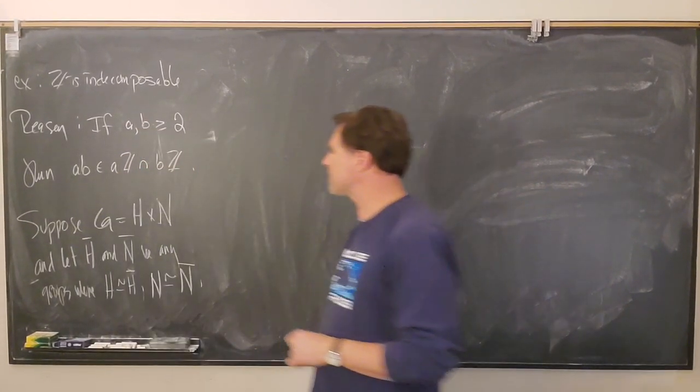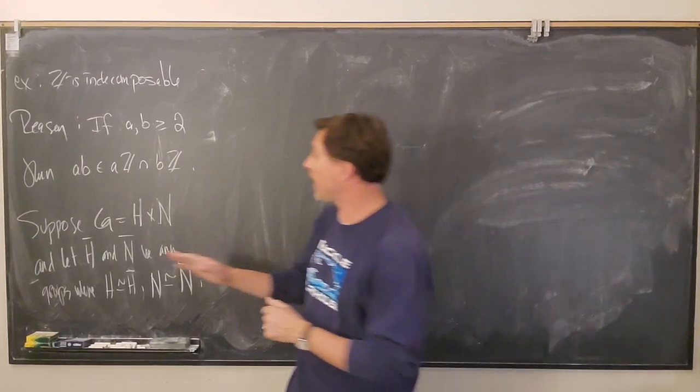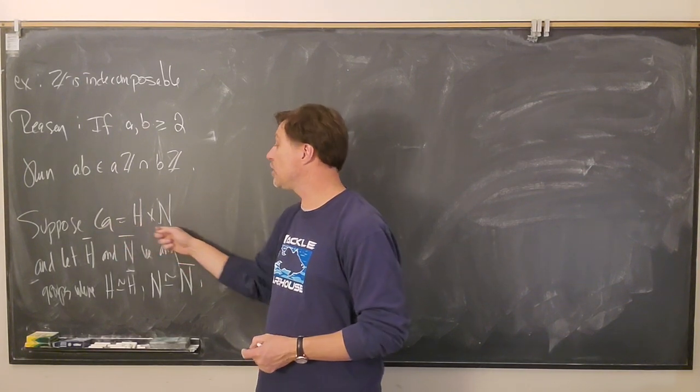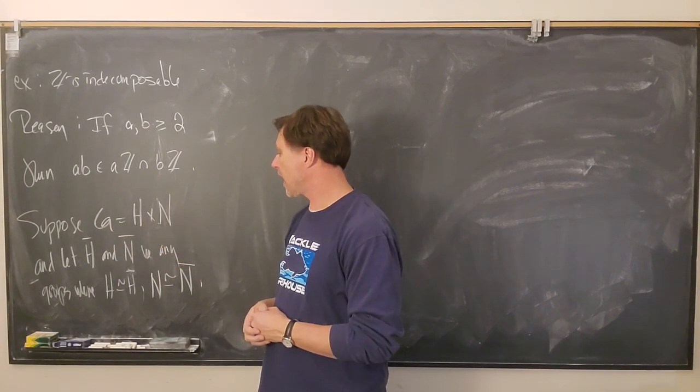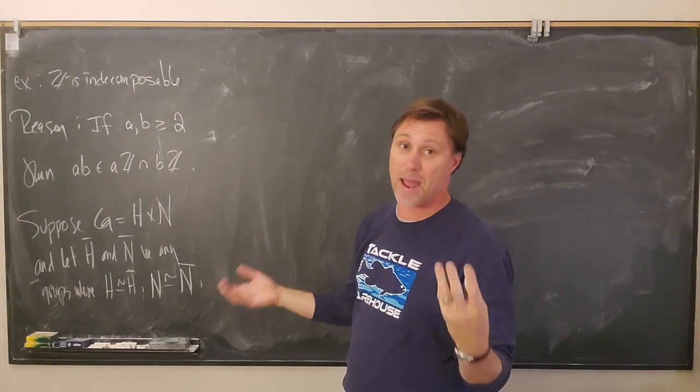So just take an isomorphic copy of H and an isomorphic copy of N. What we have here, when I write equals, is that G is this internal direct product. And then suppose that we have a couple of groups, H bar and N bar, that match H and N.